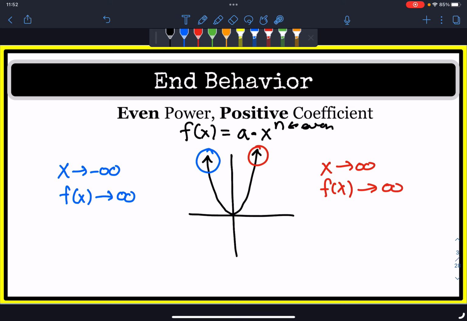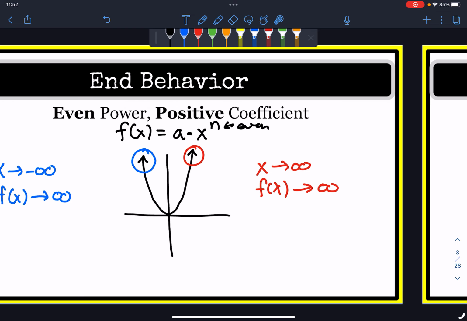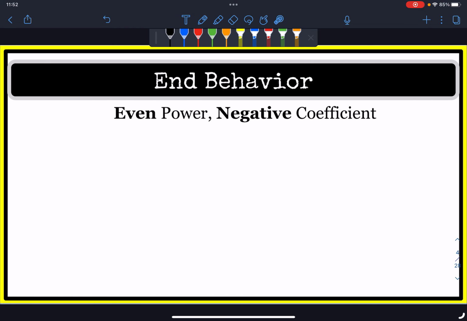So this is how we're going to describe again the end behaviors of this power function. Now, if the power function has an even power but a negative coefficient, so again, if this exponent is even, and now we have a negative number that we're multiplying our power with, then our power function is going to behave very similar to this function here that I'm going to graph.